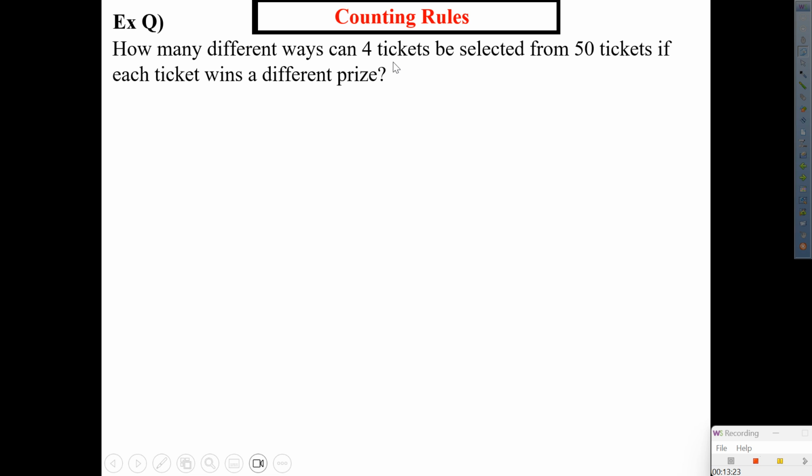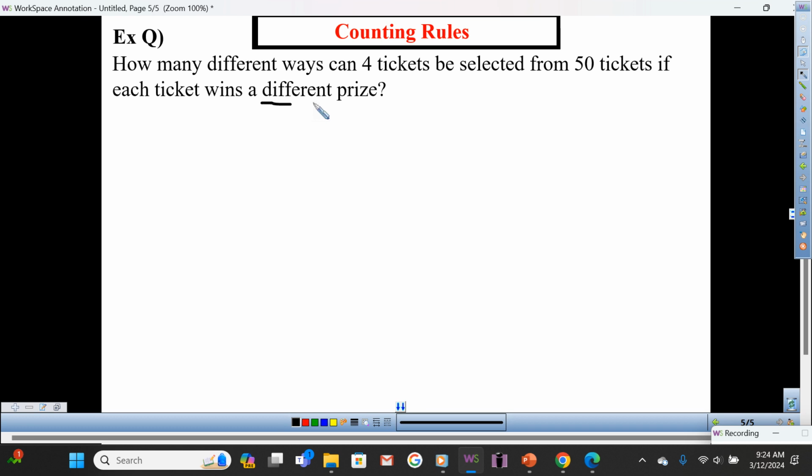Let's talk about this one. How many different ways can 4 tickets be selected from 50 tickets if each ticket wins a different prize? Keyword here was what, everyone? Different prize. That means that each one that you pick out is different. That means it has a specific role, which means what? Which formula would you use? Permutation or combination?